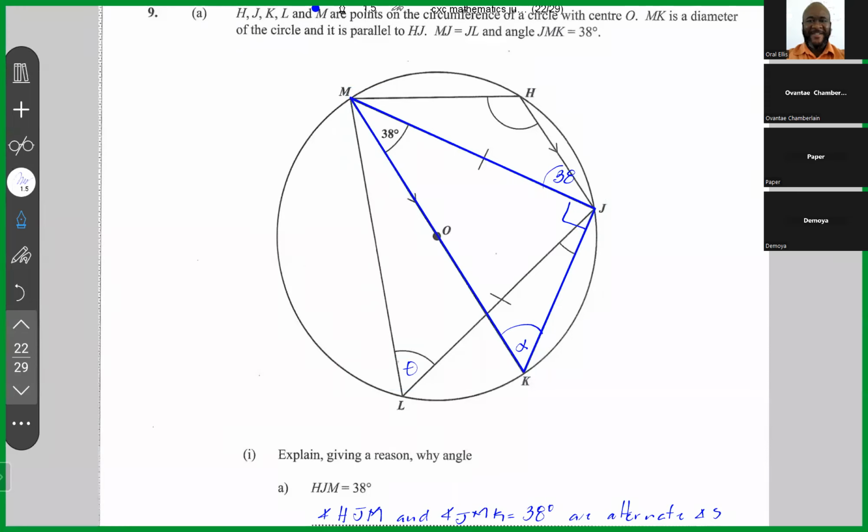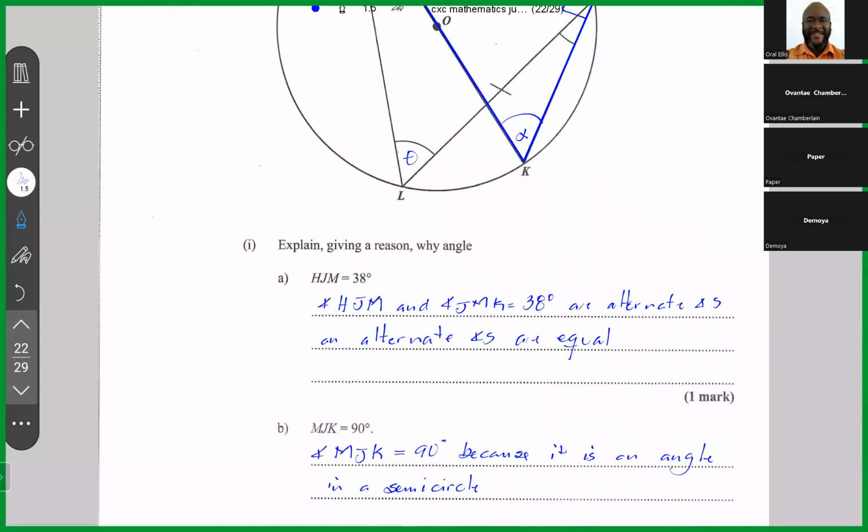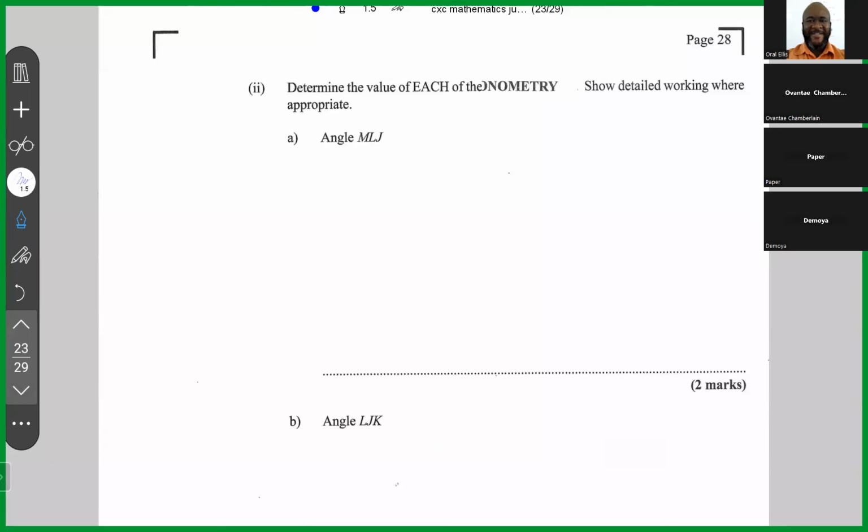The angle at J is 90, so I can find the angle at K, which is alpha. Alpha is equal to 180 minus 90 plus 38. It's 180 minus 128. This is 52 degrees. So that angle is 52 degrees, but that's not the angle I want.